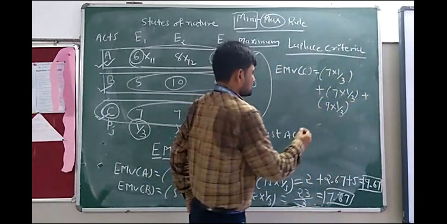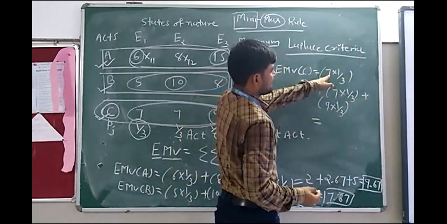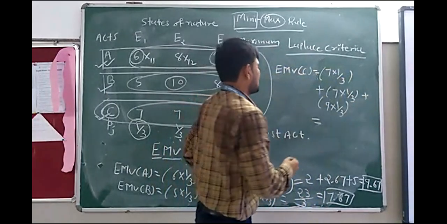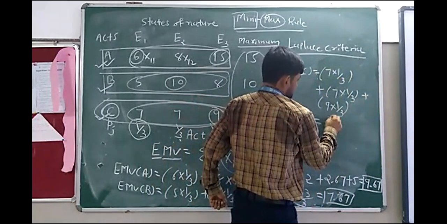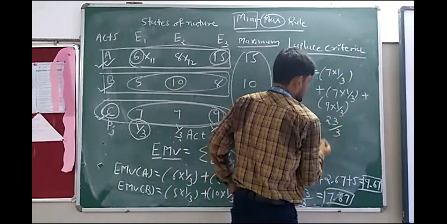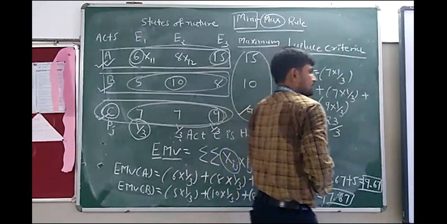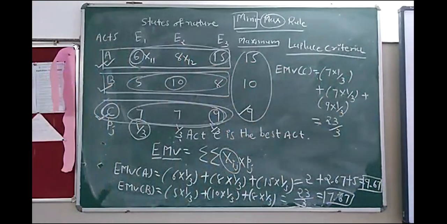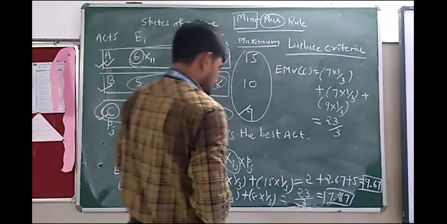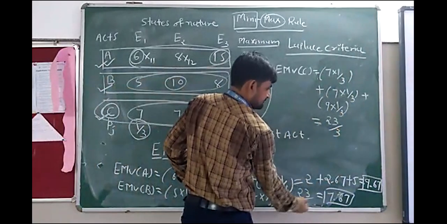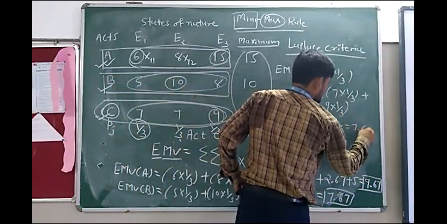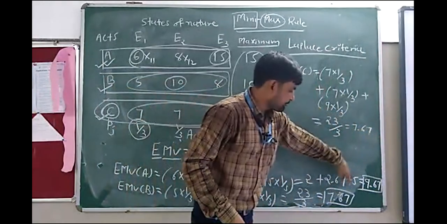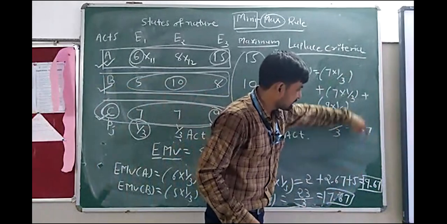So that is equal to, now 7 plus 7 plus 9. 7 plus 7 is 14 and 14 plus 9 is 23 by 3. So the final answer is what? Please count. So I think it will be the same, 7.67.